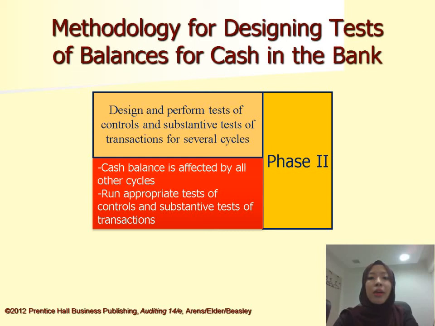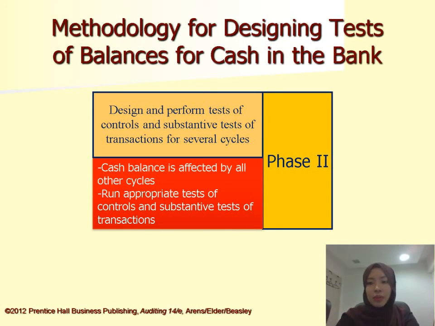So in several earlier chapters, we discussed in detail the appropriate tests of control and substantive tests of transactions for the audit of each cycle. For example, control over cash received, and control over cash disbursement. Cash transactions are audited through this transaction cycle test.